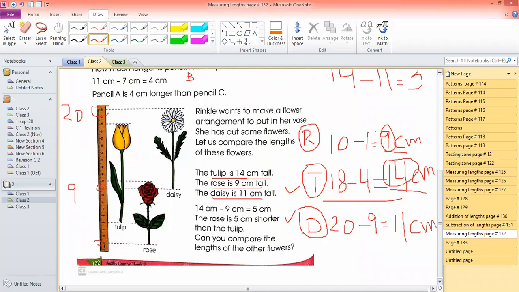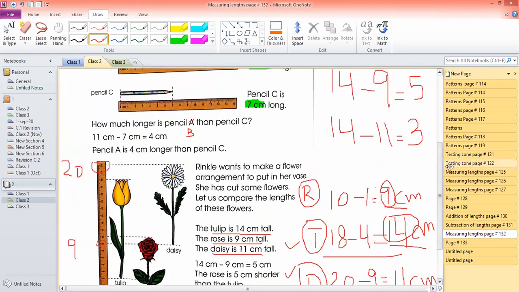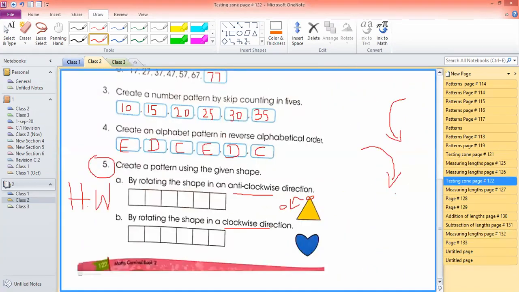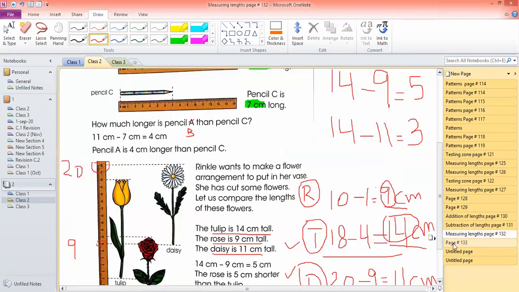In the same way you will compare which is longer, which flower has the longest length. So you will say, sir, 14. This is Tulip. Okay. If I ask you how much longer Tulip is than Rose, what will you do for that?